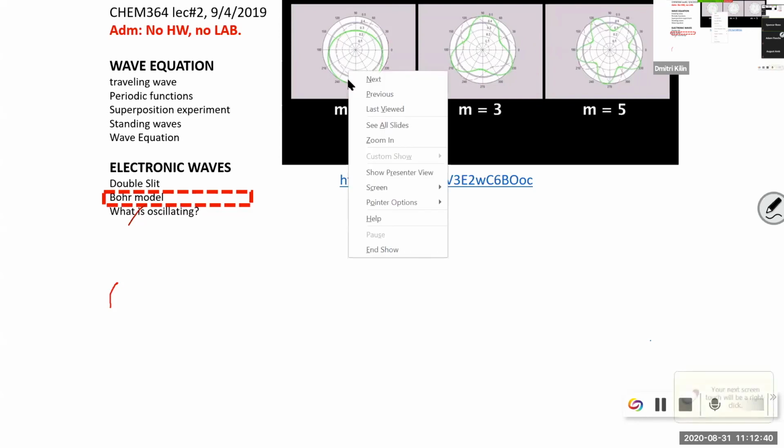So what we are looking at here is this green line, which is like the amplitude of probability of the electron being here and there, but the zero point is on this black circle.